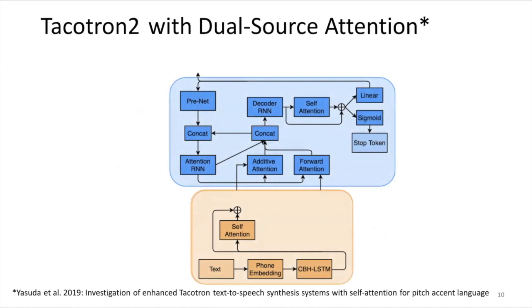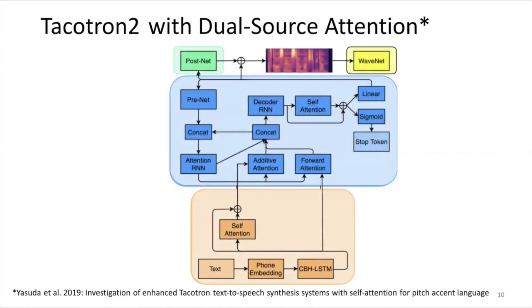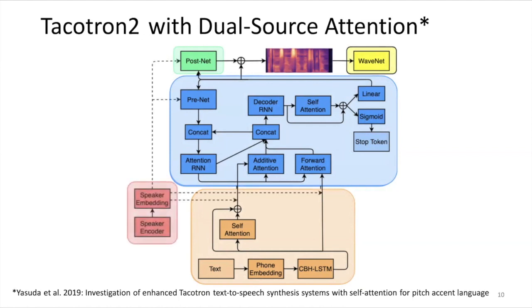Our encoder has self-attention as well as forward attention, and our decoder also uses dual source attention to combine these two outputs. And we have a postnet, which does spectral shaping and enhancement, and the output is a mel spectrogram, and then we use a WaveNet to convert into a waveform.